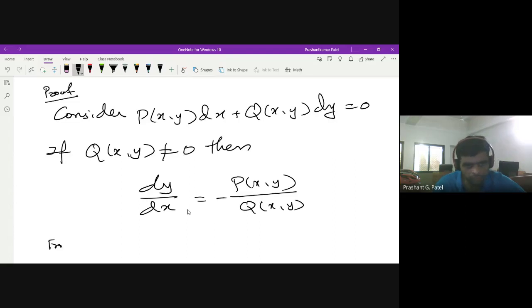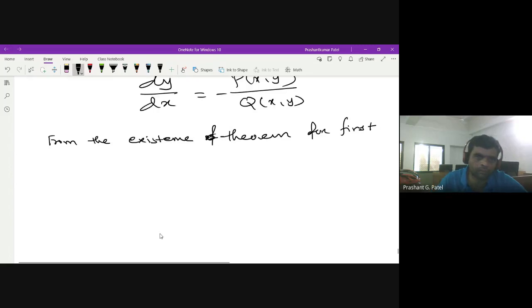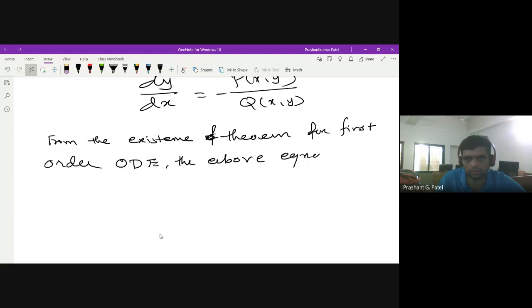So from the existence theorem for first order ODE, ODE meaning ordinary differential equation, the above equation has a solution.